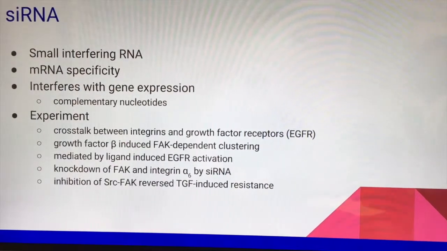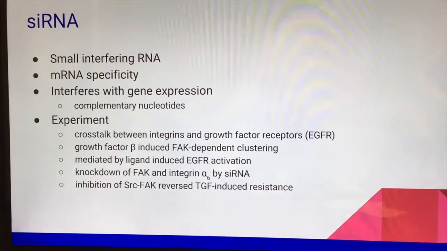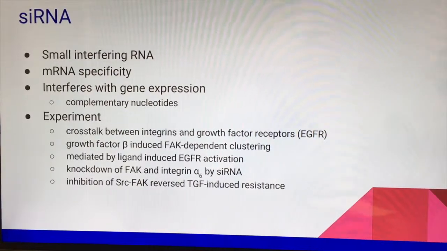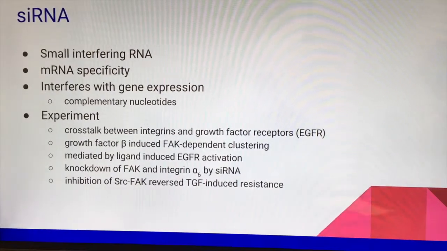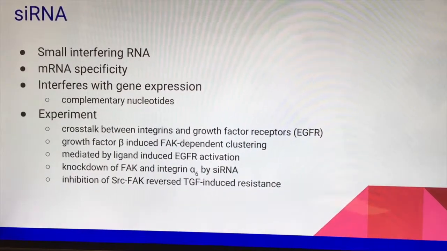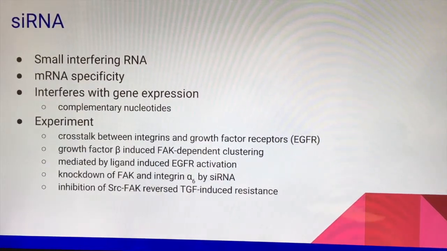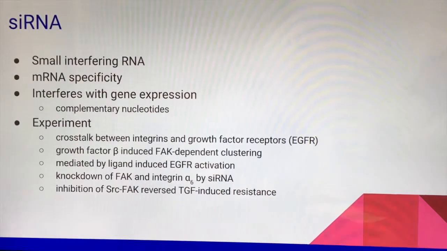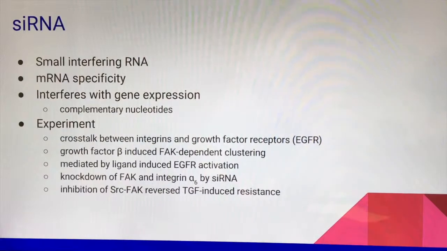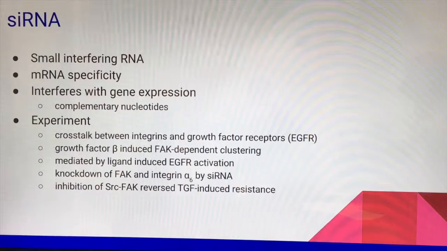In the experiment, they examined the crosstalk between integrins and growth factor receptor signaling, such as HER2. They treated, I believe, with transforming growth factor beta, which induced FAK-dependent clustering of HER2 and integrins alpha 6, beta 1, and beta 4 in HER2-overexpressing mammary epithelial cells.